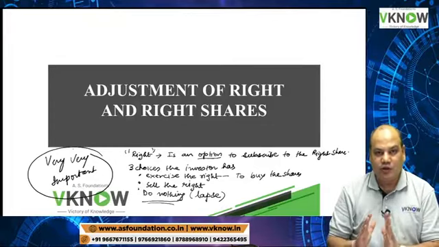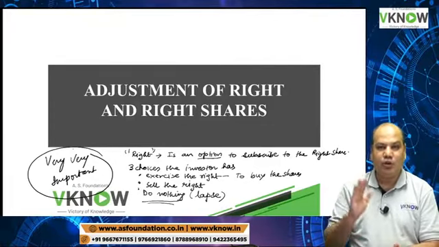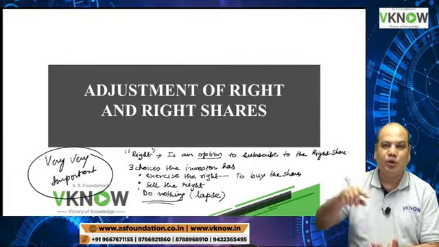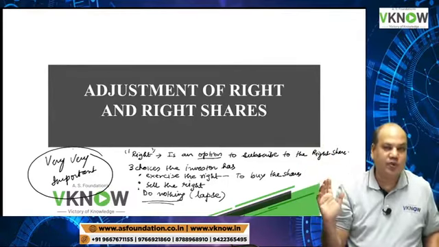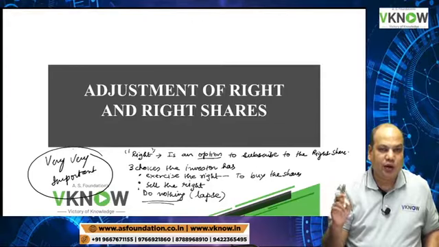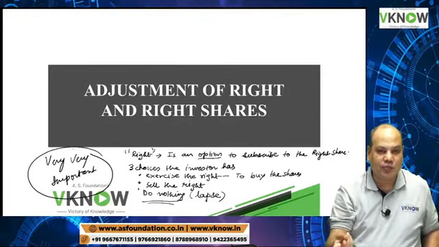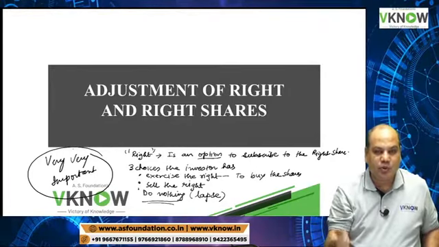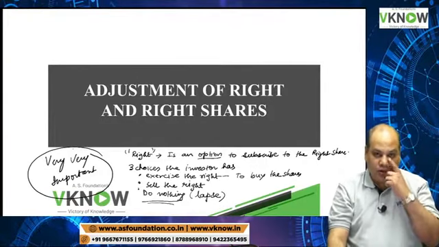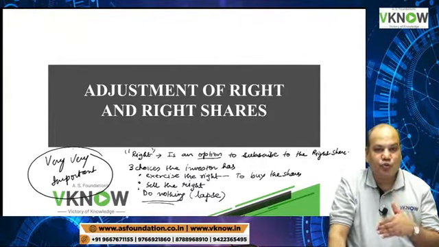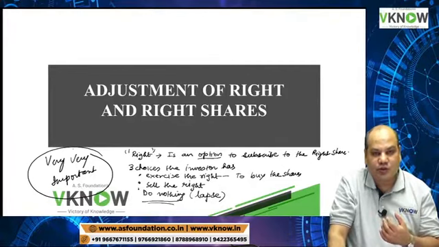A right is not a right share. A right is only an option to purchase right share by paying the subscription price. Right share requires consideration to be paid. Bonus share does not require consideration to be paid. Right share gives you a choice to purchase the share.